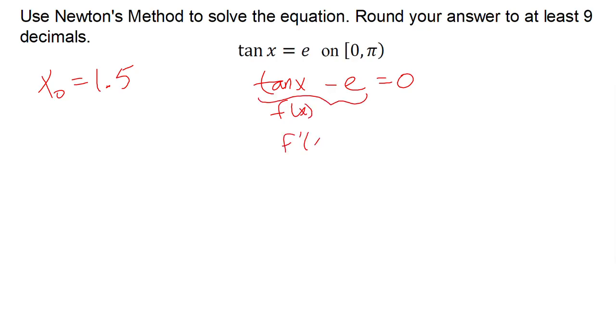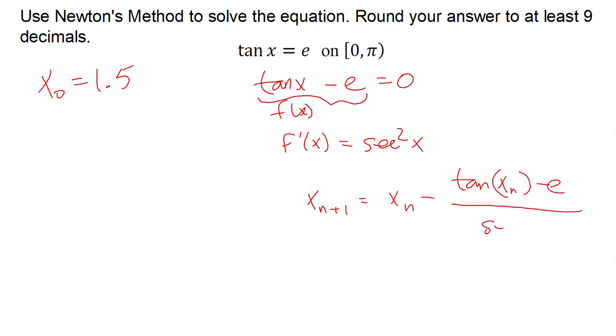And f prime of x then will be secant squared of x. And so as we do this, we're going to rewrite this as x sub n plus 1 is equal to x sub n minus f of x sub n, tangent x sub n minus e, all over secant squared of x sub n.